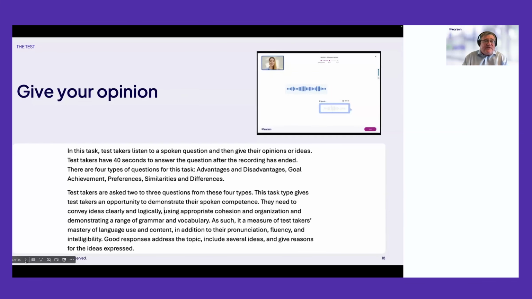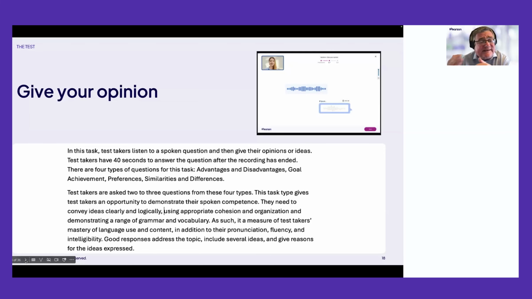Another question on the test is give your opinion. And again, this is asking for people to extend. It's a more extended piece of speaking. People are asked to talk about the advantages and disadvantages of something, or the preferences, similarities, or differences. They get a few different types of these questions.